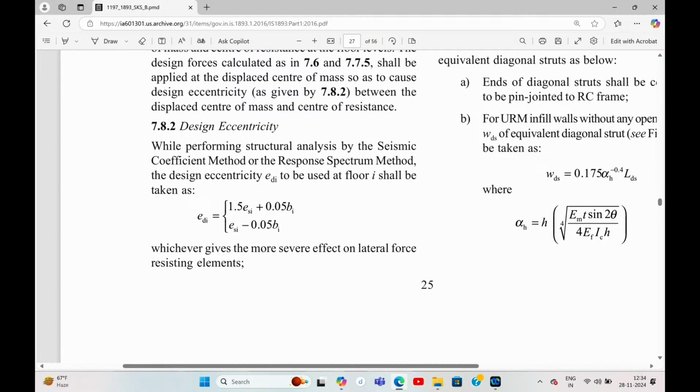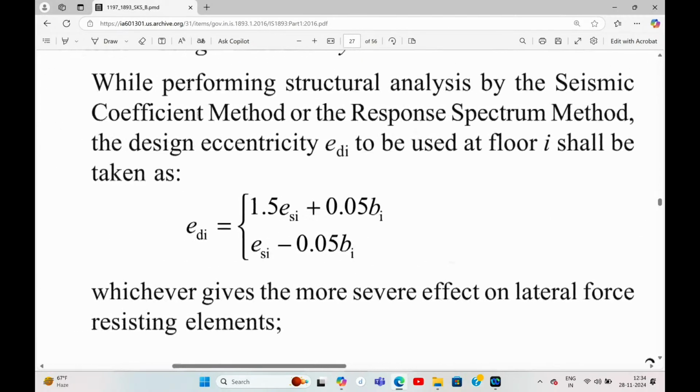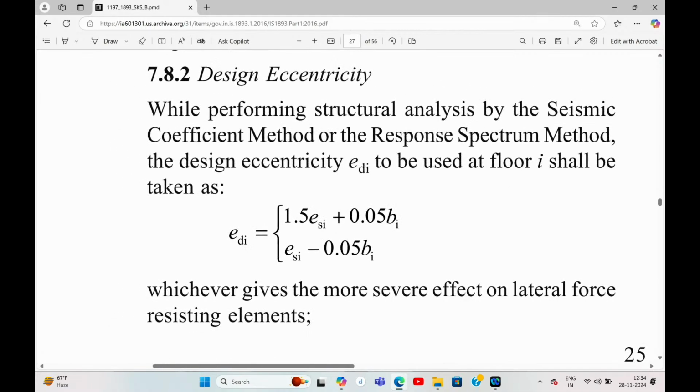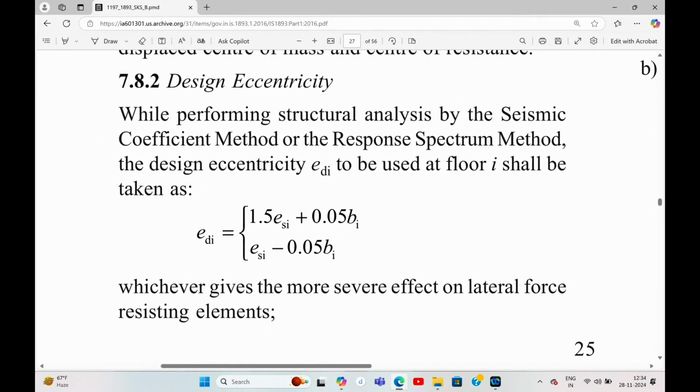Write down this formula. Is it clear? Yes. And what we have to see in this, whichever gives the more severe effect on lateral force resisting elements, right? Is it okay?